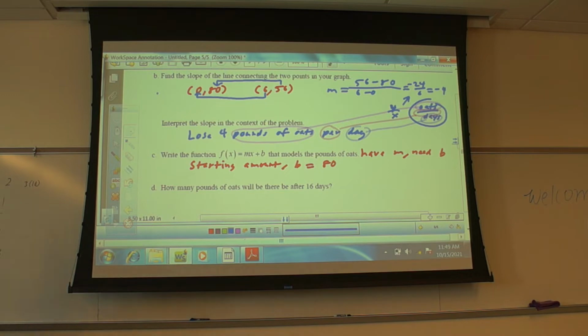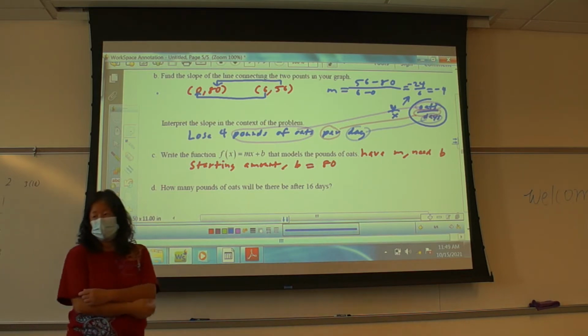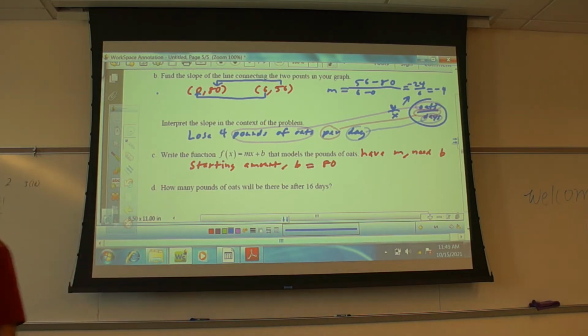Great, so then write your function. Everybody write the function. f of x equals, or y equals something with x in it. Write it. Okay. You got it? Got it? Did you get it? M is what?